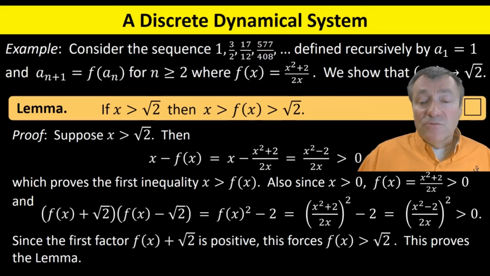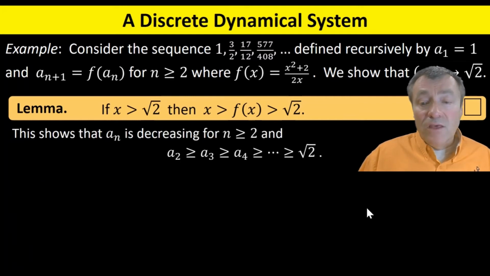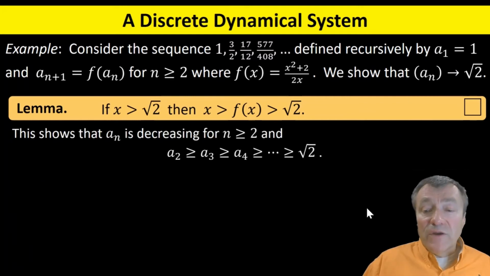Now I'm going to need to reclaim this space here on my slide in order to finish proving the claim about the original sequence. I'll keep track of the lemma that we just proved. Now from our lemma, it's already clear that beyond the second term in our sequence, the remaining terms are decreasing, with square root of 2 as a lower bound.